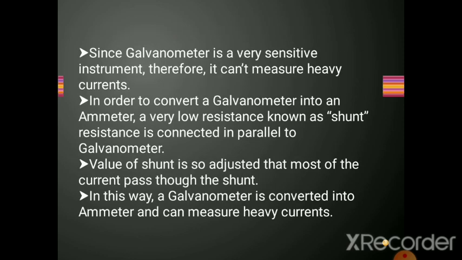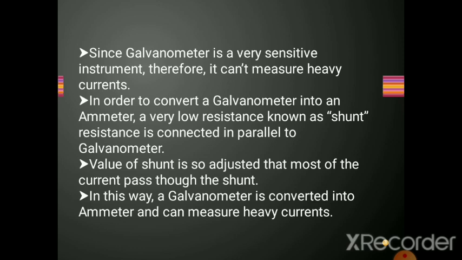Since a galvanometer is a very sensitive instrument, it cannot measure heavy currents. In order to convert a galvanometer into an ammeter, a very low resistance known as a shunt is connected in parallel to the galvanometer. The value of the shunt is so adjusted that most of the current passes through the shunt.